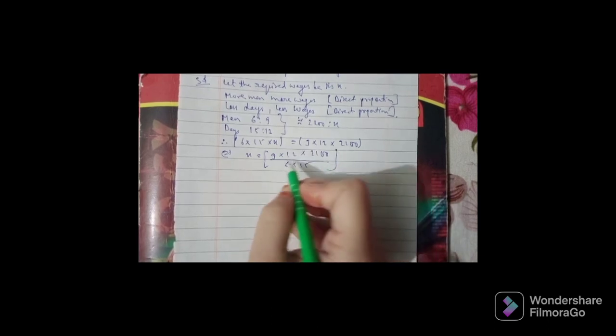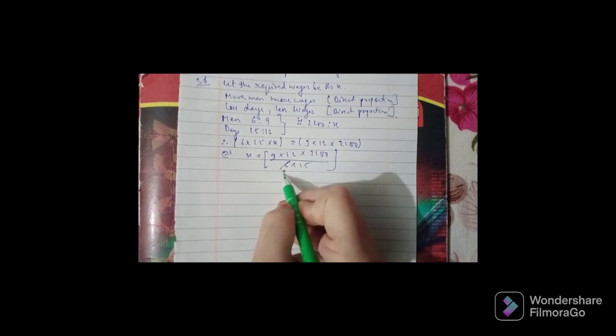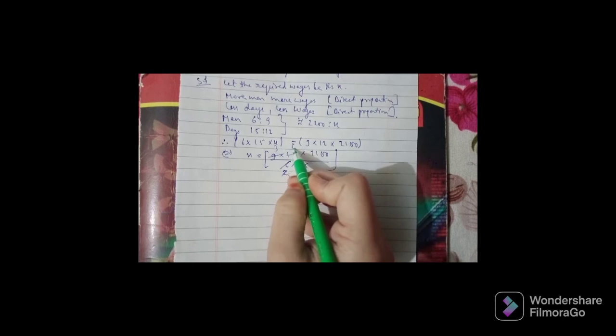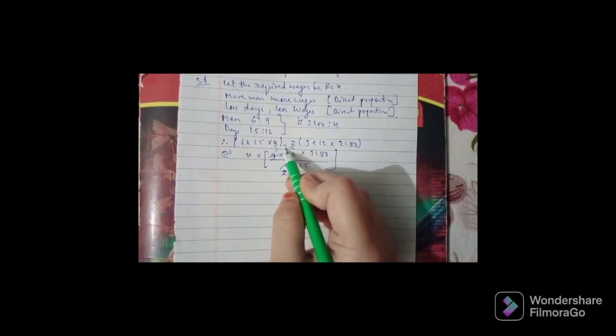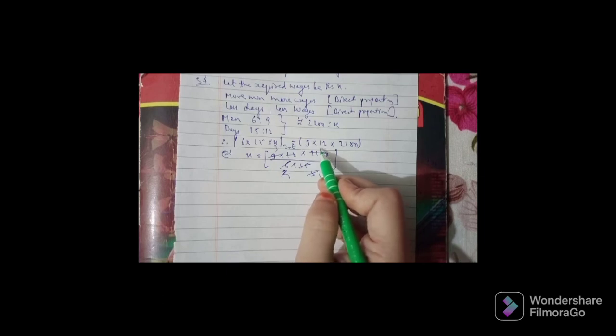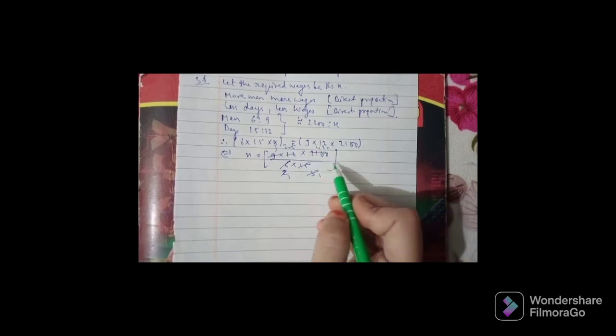We cancel it out. 3 2s are 6 and 3 3s are 9. 2 1s are 2, 2 6s are 12. Then we have 3 2s are 6 and 3 5s are 15. And then we have here 5 1s are 5, 5 4s are 20, 5 2s are 10 and 0.